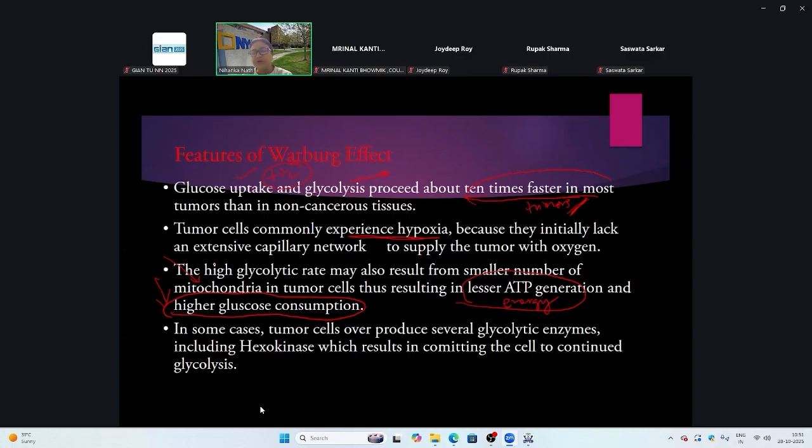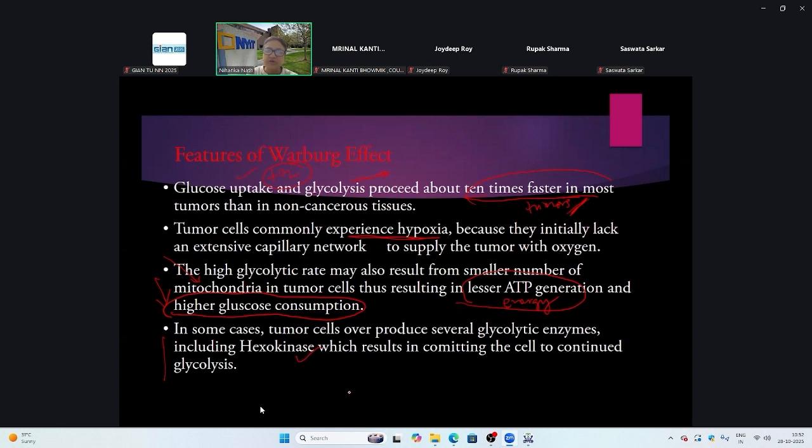And they're still growing. Again, it is using a lot of glucose, but it's not growing like crazy. It is maintaining itself. Okay. This is just extra information: they can produce some different enzymes that help it to continue breaking down glucose without oxygen.